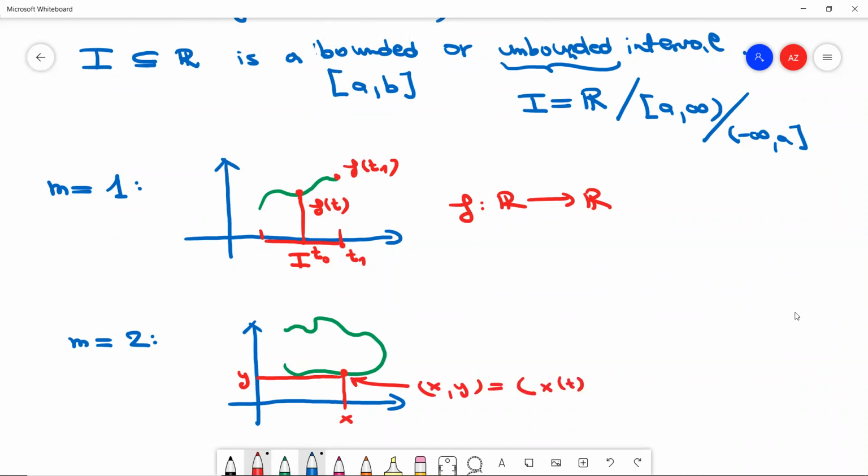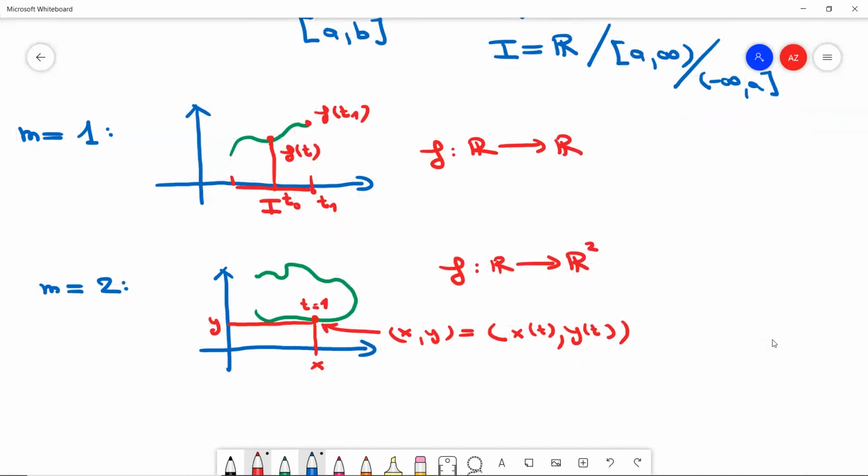So x of t and y of t for some t. I cannot write at which t. I could just write here, for example, t equal to 1, if at time 1 I would be in the point x, y. So this would be a function f from R to R squared.